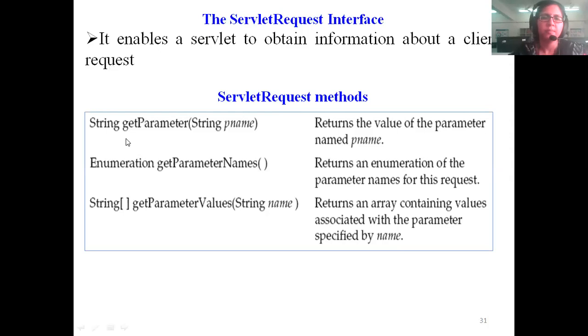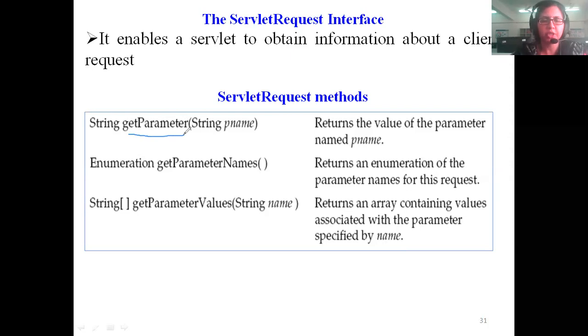So if you see the methods which are available here, it includes a very important method called getParameter. So if you have a parameter, say name, in your form that is inside the HTML, you can specify the name of that particular element and it returns the corresponding value of the parameter which is given.